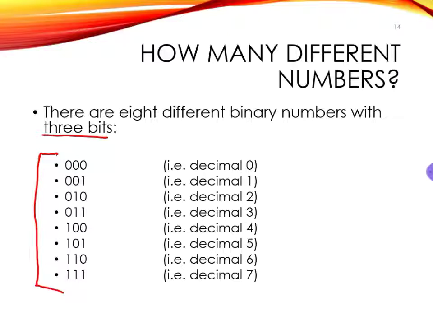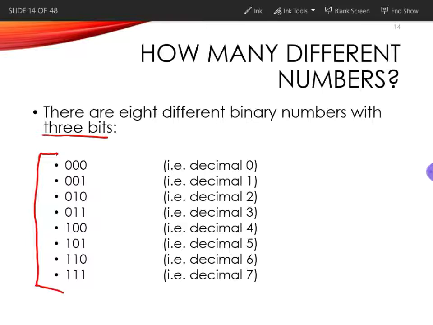The decimal equivalent values for these 8 different binary numbers would be 0, 1, 2, 3, 4, 5, 6, and 7. So the thing that you need to grab here is that if you have 3 bits, you can represent a maximum of 7 in terms of the decimal value, which is 3 ones.